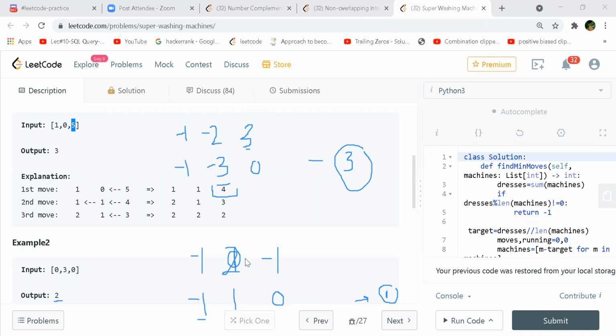This was some sort of a cumulative sum, correct? So we are also doing the cumulative sum here, right? And this one is a deficit and surplus. So this is also deficit and surplus, right?